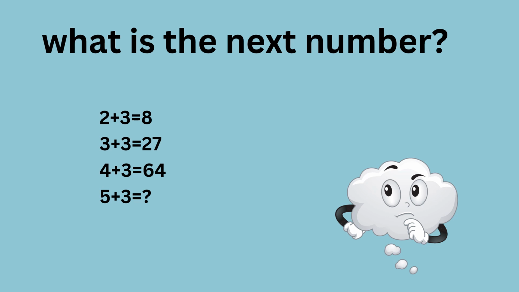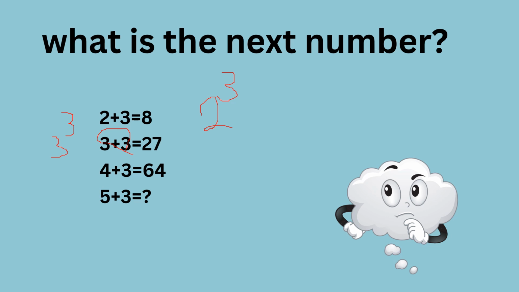So I'm thinking this is 2 to the power of 3, actually, not plus 3. And 2 to the power of 3 is 8. Also, this question is not 3 plus 3, it is 3 to the power of 3. So 3 times 3 is 9, and then times 3 is 27.